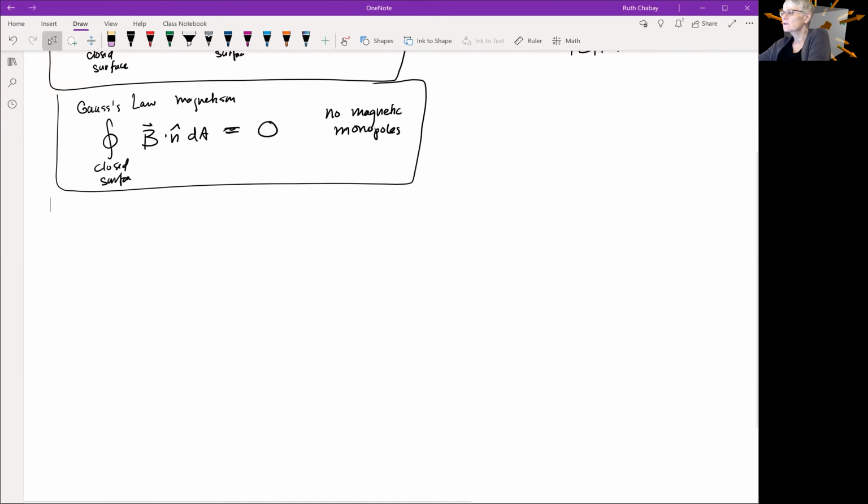One of the things we asserted in the past is that there could be no excess charge on the inside of a conductor.